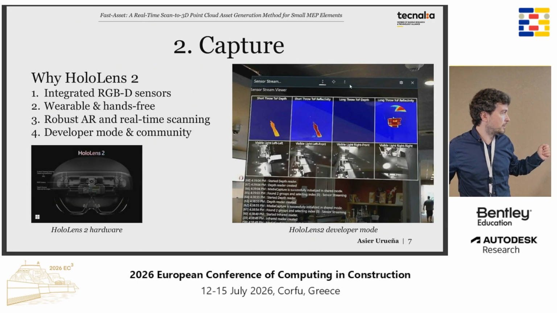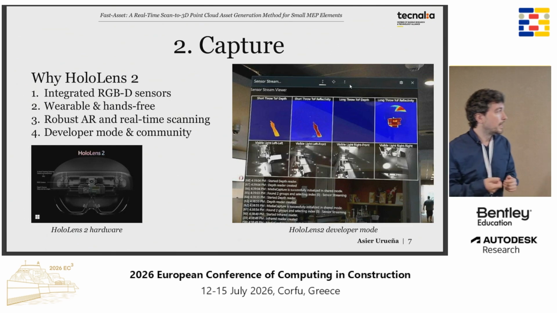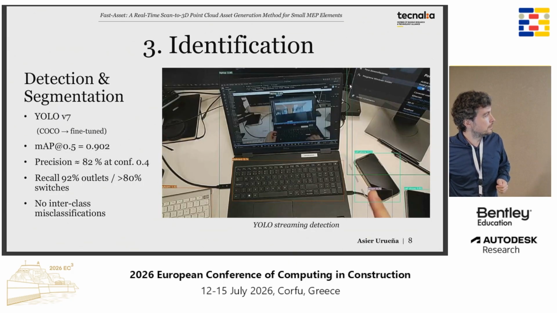This is for the device, the HoloLens. The HoloLens detects with different sensors. We are using the real image sensor, the color image, so RGB, and one of the depth sensors, which adds the depth for the same image, and it synchronizes both matrices. For the YOLO model, you all know it, v7, but we should update. We already had good numbers.